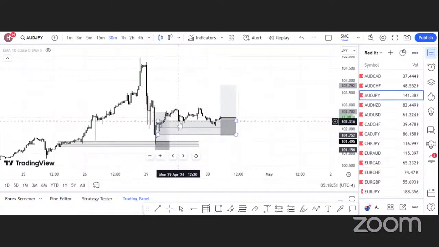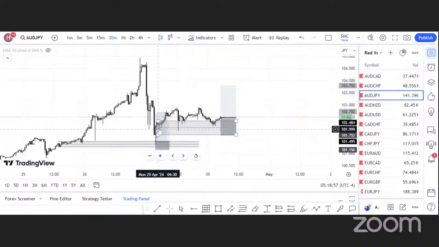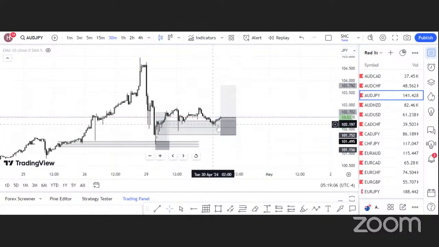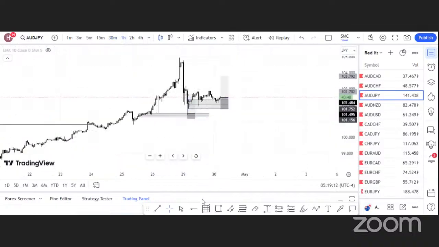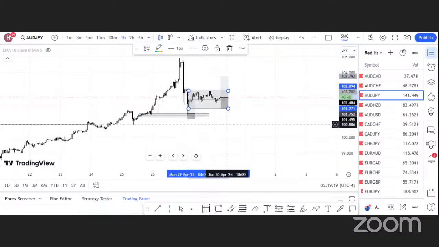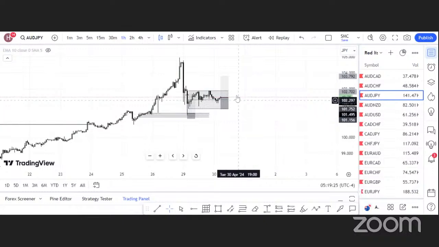But the market has been consolidating around the zone for quite a while now. I think this has been going on since yesterday, and the market is still refusing to go above or below this level. Okay, so with the look of things here, I think we should have a box in here, see where the market is going to break out from. Okay, and whichever direction the market breaks out from, that direction is going to be our point of interest, right?